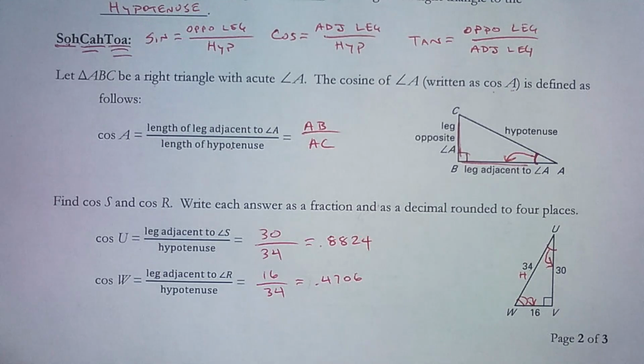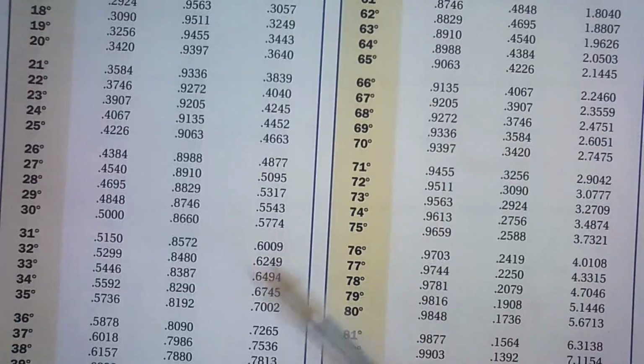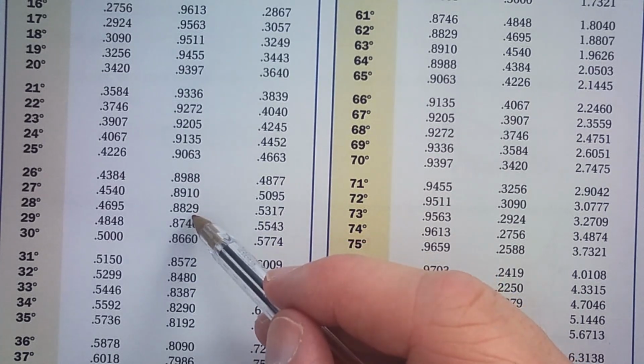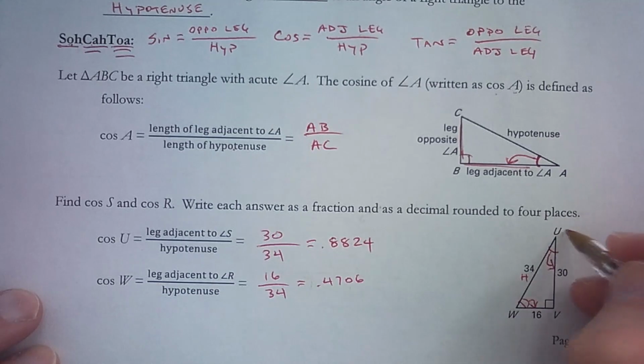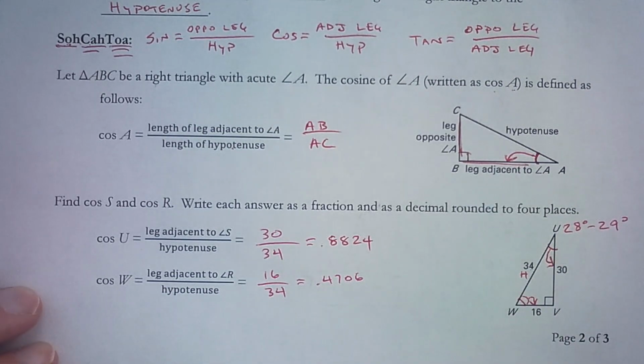If we were to find these on our chart, cosine 0.8824 is right here between 28 and 29 degrees. So angle U is between 28 degrees and 29 degrees.